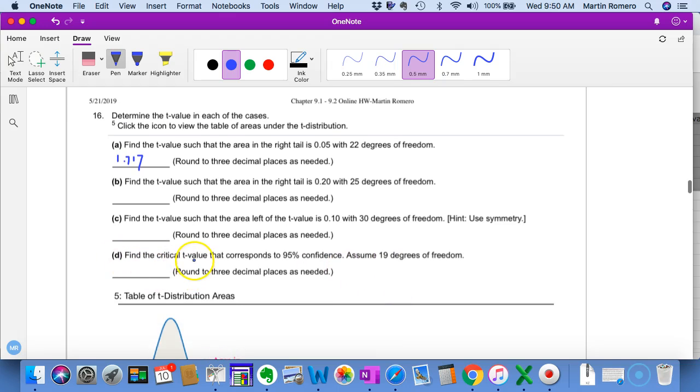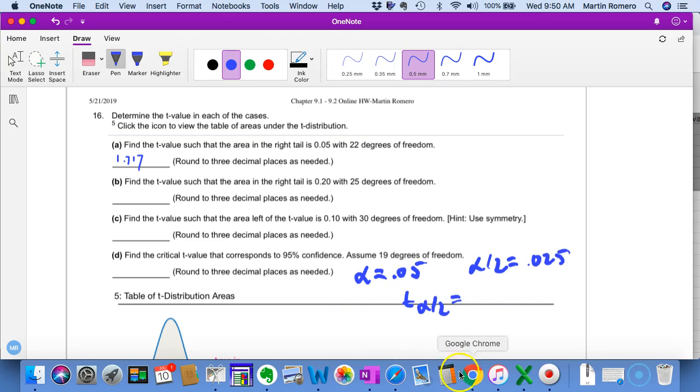Let's try another one. Let's do D. Find the critical t value that corresponds to 95% confidence. Assume 19 degrees of freedom. So in this case, since alpha is 0.05, we need the t alpha over 2. Alpha over 2 is 0.025.